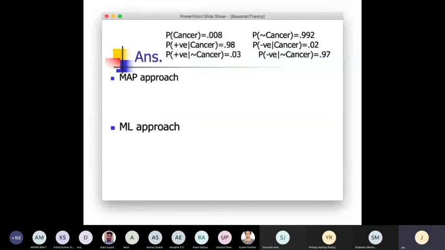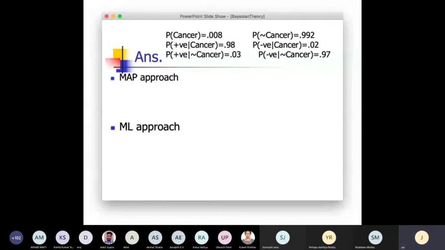So, the MAP approach and the ML approach. I will come to the ML approach once again later on. Why don't all of you compute both? In the MAP approach, what are you going to compute? Simply, it is a product of prior and likelihood, because the data remains the same for all hypotheses.